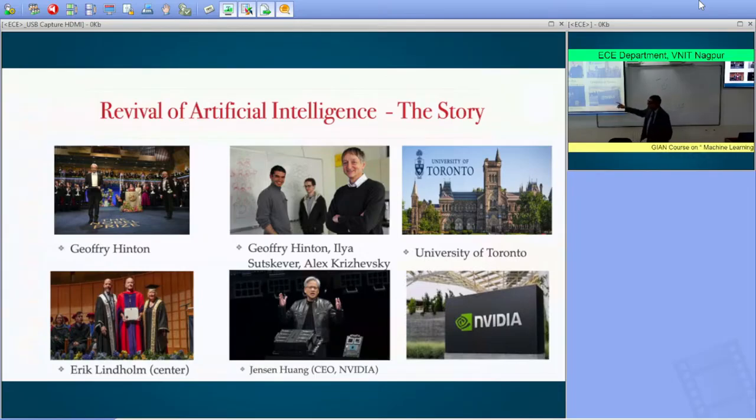You might know Geoffrey Hinton received a Nobel Prize in physics last year in 2024. He's not really a physicist, but I found it fascinating that they would give a Nobel Prize in physics to somebody from computer science.